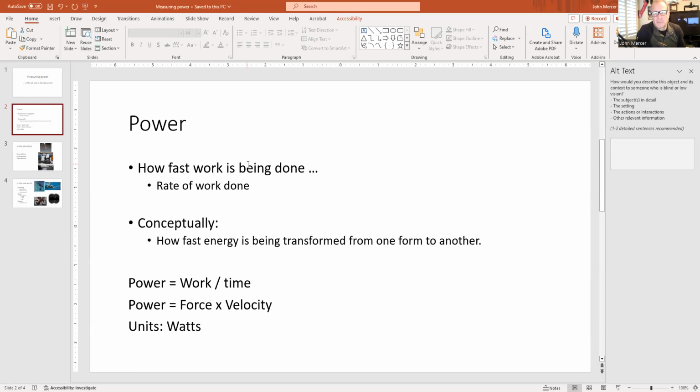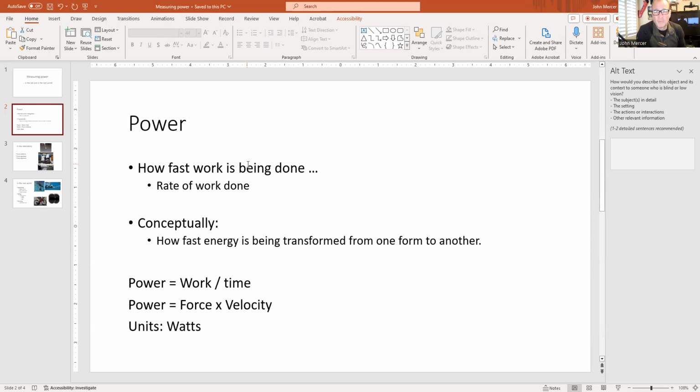Conceptually, power represents how fast energy is being transformed from one form of energy to another form of energy. I always use the light bulb to explain this. We have a 30-watt light bulb, and what that power of 30 watts tells us is how fast electrical energy is being transformed to light energy. A 30-watt light bulb is not as bright as a 100-watt light bulb.